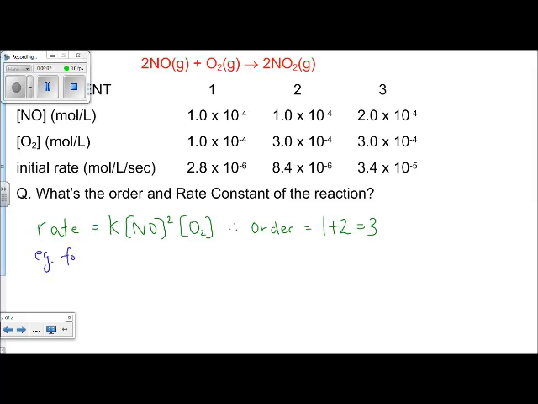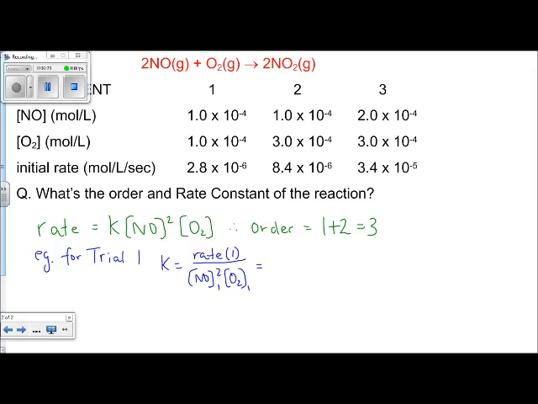For K, we can take any one of the 3 experiments and find K by rearranging the rate law so that K is isolated. So K is equal to the rate, let's say, of the first experiment divided by the NO concentration squared from the first experiment and the O2 concentration from the first experiment.